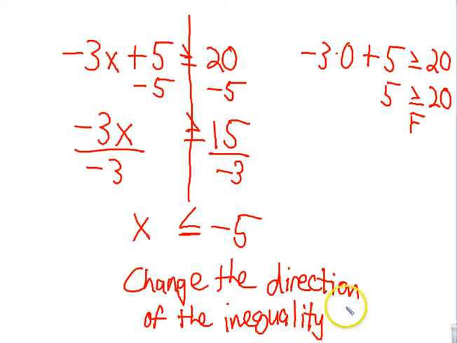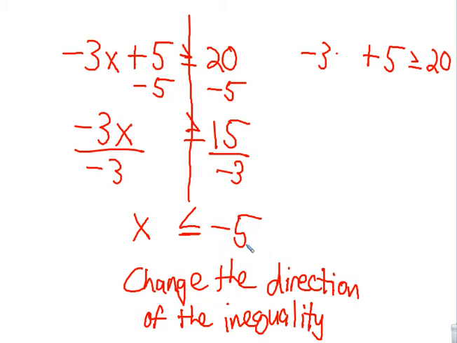Okay, I need to change the direction of the inequality. If I do that, now what it's telling me is, let's see what happens here. Okay, I'm going to clean this up a little bit. So now the answer is telling me that I need to take any number smaller than or equal to -5.